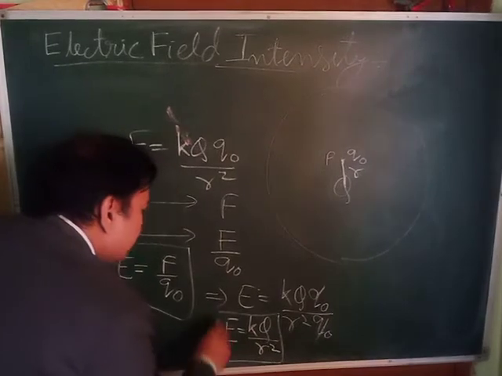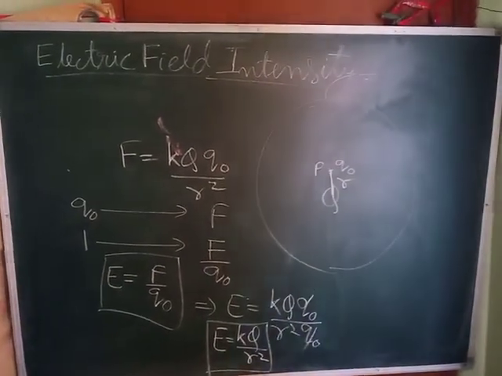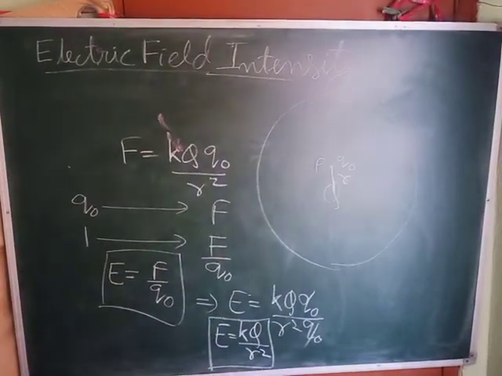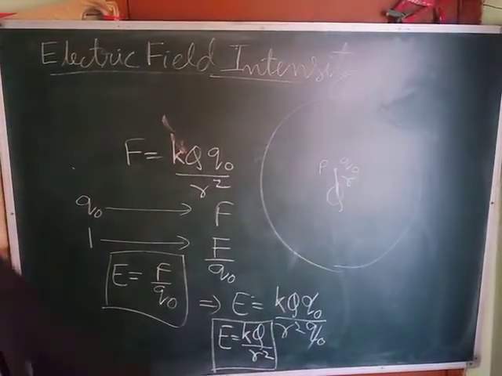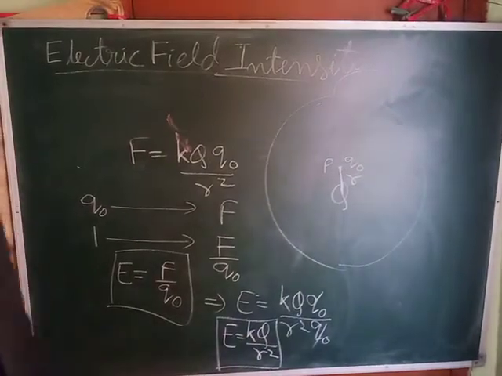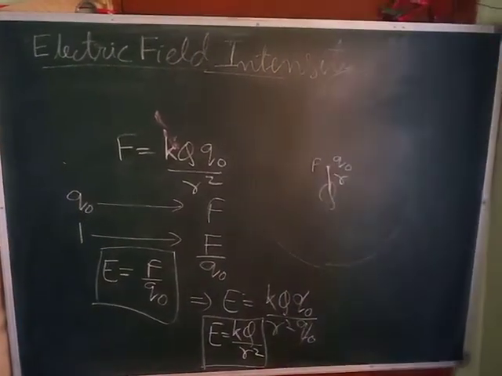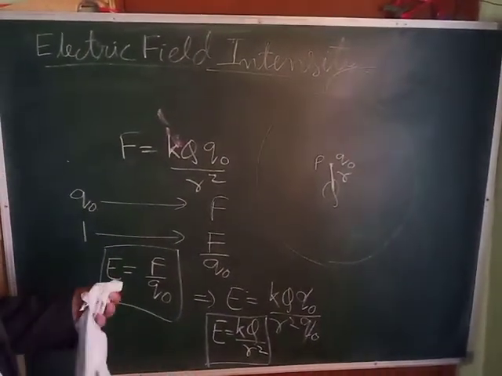So this is the expression for electric field intensity. See, only the source charge appears, and the distance of the point from the source charge.